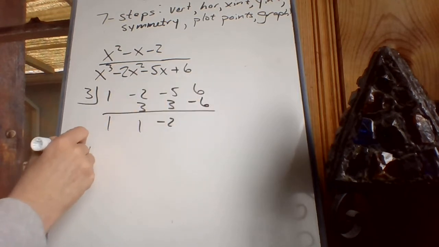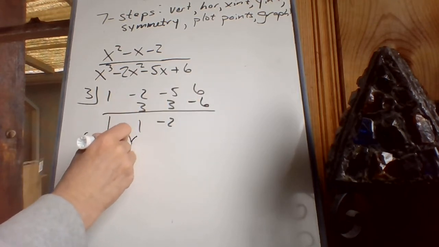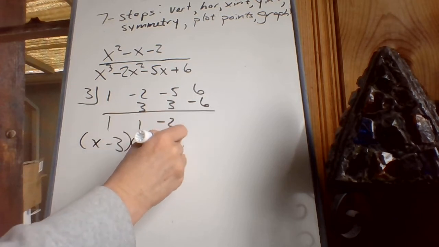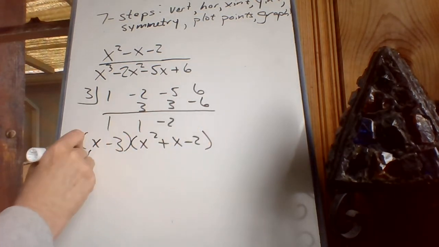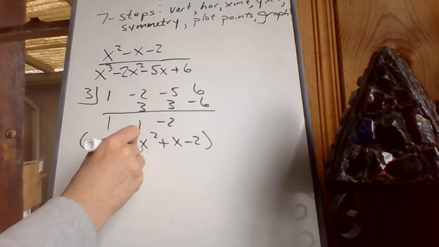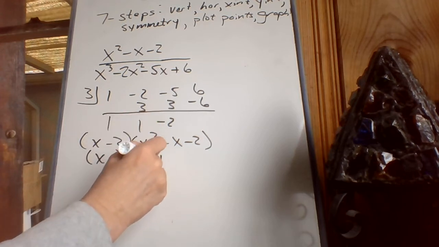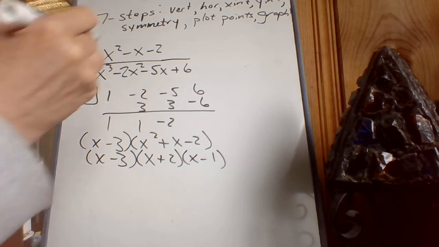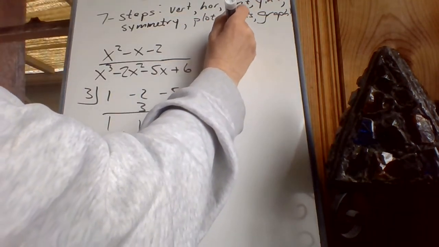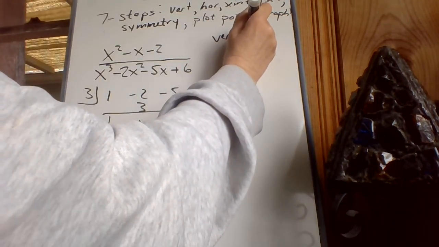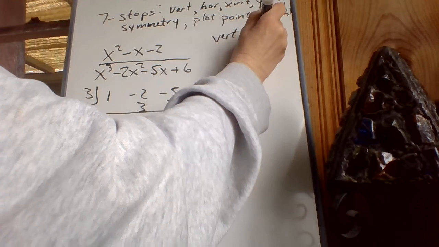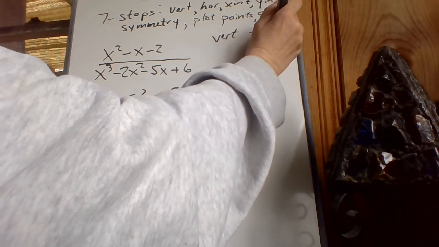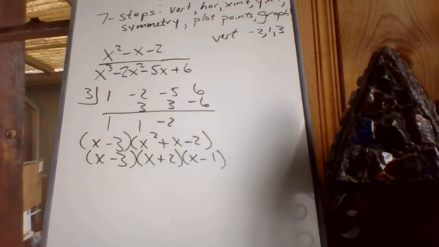All right, so it's x minus 3 times x squared plus x minus 2. So x plus 2 and x minus 1. All right, I finally got it. The verticals are at -2, +1, and +3.